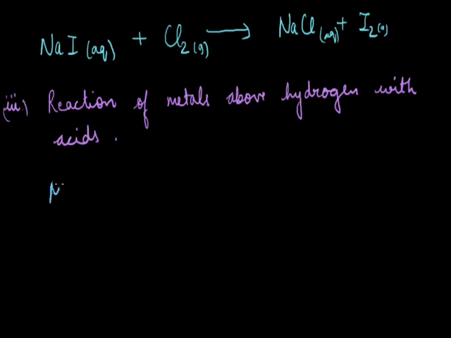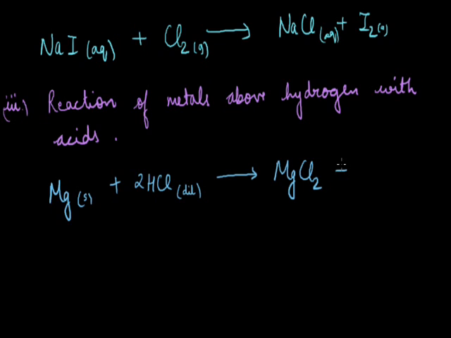For example, magnesium, when it is added to dilute hydrochloric acid, that is HCl, then we'll see there is formation of MgCl2 and hydrogen gas is liberated.